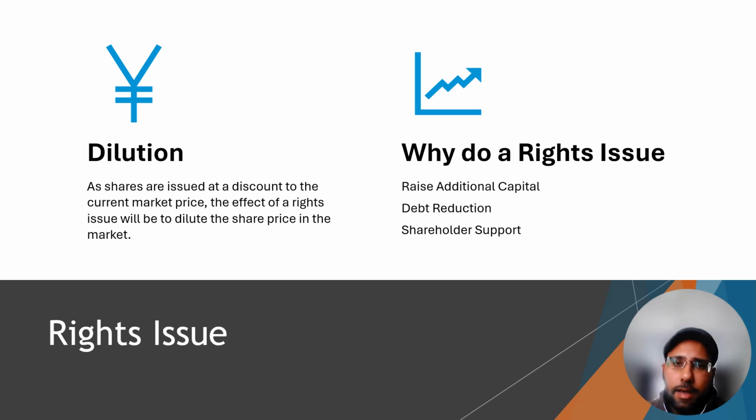Okay, so just the added 100. Since you didn't take up the rights issue, you still own 100 shares, but your ownership stake has gone down from 10% to 9%. That's the effect of dilution to investors.